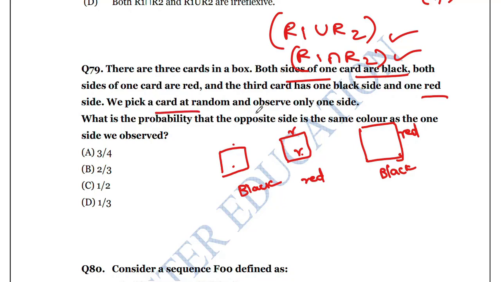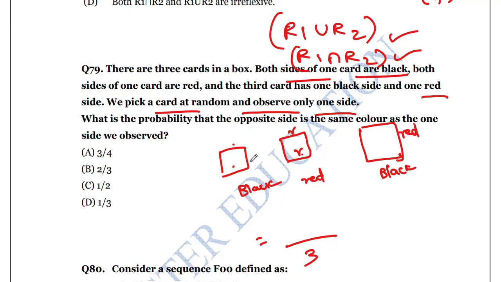We pick a card at random and observe only one side. We pick a card from the 3 cards, so the total number of events is 3. What is the probability that the opposite side is the same color as the side we observed?